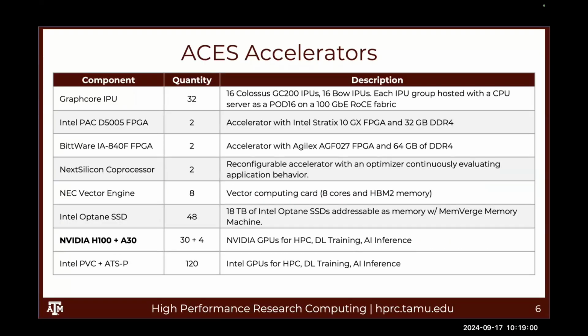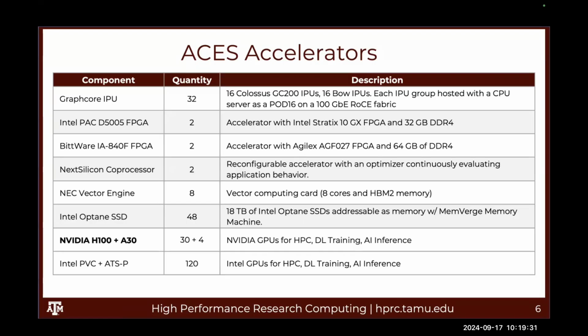So this is a table of the ACES accelerators. As I said, we have various types of accelerators on ACES. The first one is the Graphcore IPUs. IPU stands for Intelligence Processing Unit. We have 32 of them, 16 of them are Classic IPUs and 16 of them are Bow IPUs, and they are standalone systems.